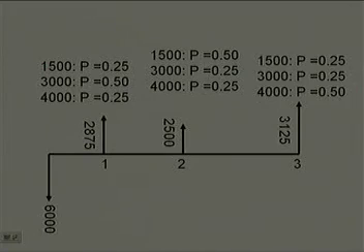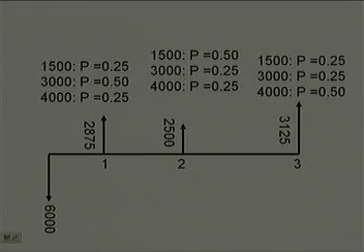You will get a value of 2875. So that will be my expected value of return at the end of year 1. I can calculate the expected values of returns at the end of year 2 and at the end of year 3 in a similar manner.